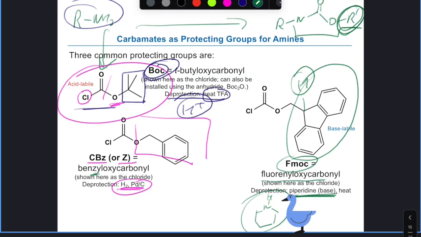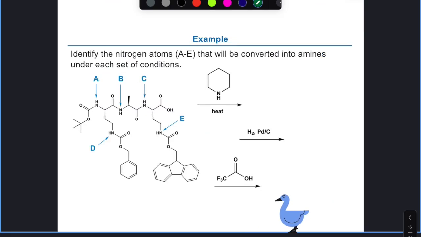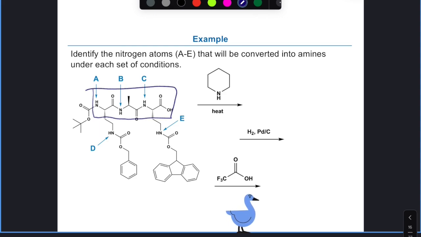It's 4D chess time. So how many amino acids have we coupled together here? If you look at this guy, how many amino acids are represented here? Five amino acids? Remember, with the amino acid, you look for your core backbone. That's your repeating chain. Stuff branching off of it is your R group.